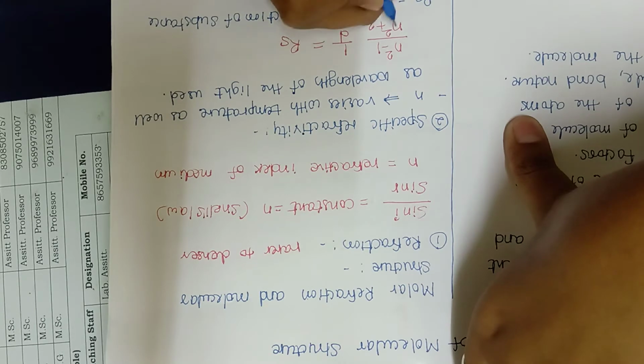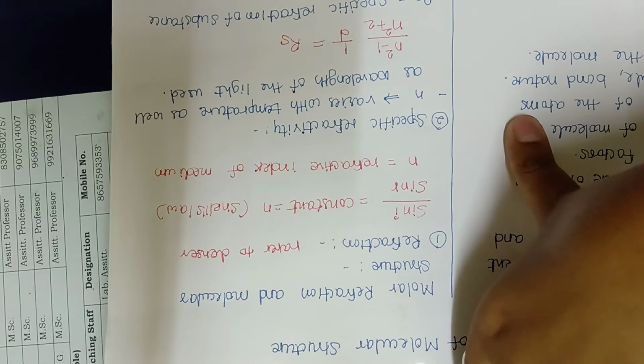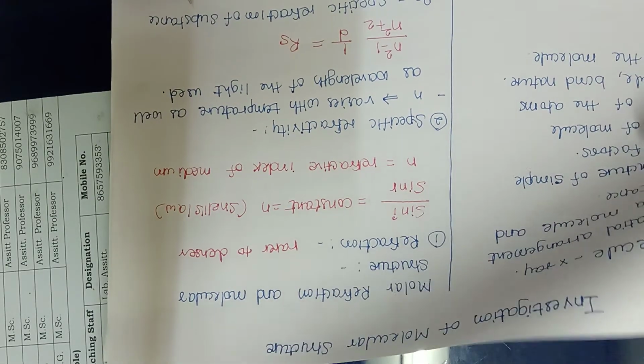The formula is (n square minus 1) upon (n square plus 2), times 1 by d, equal to Rs. Rs is the specific refraction of the substance, and it is independent of temperature. d is density, equal to mass upon volume, and n is the refractive index of the medium.